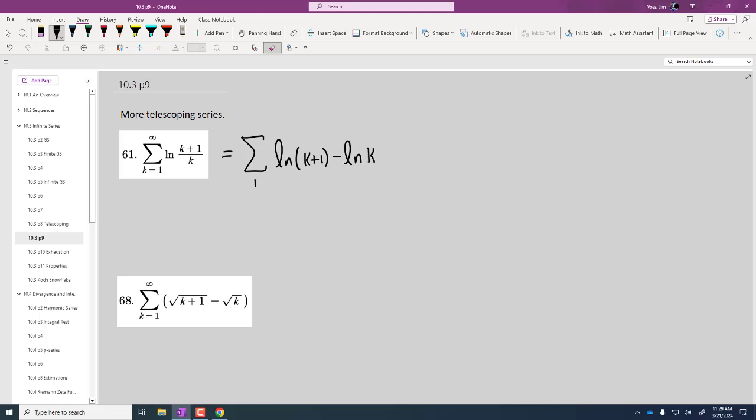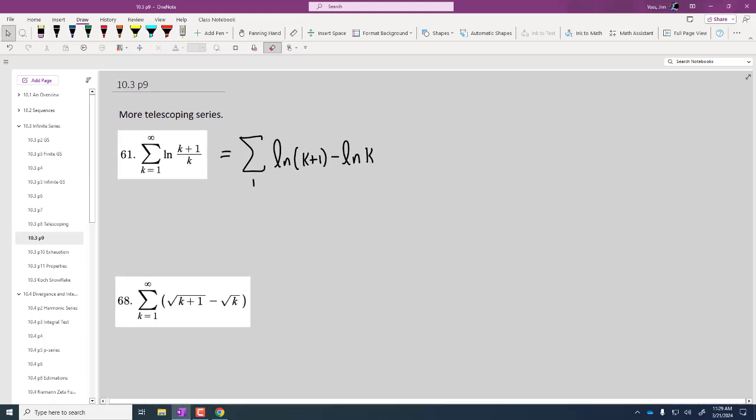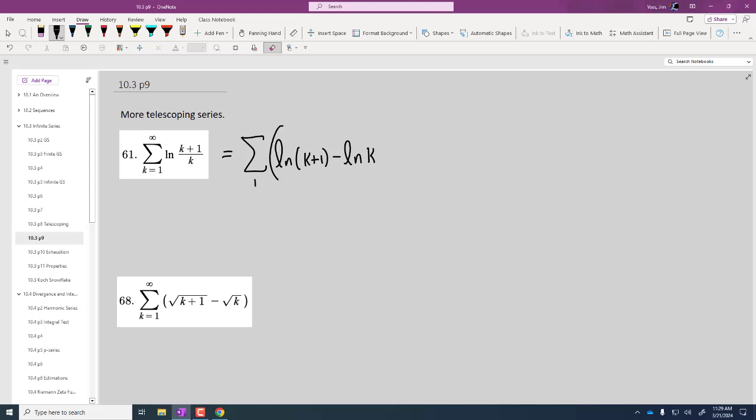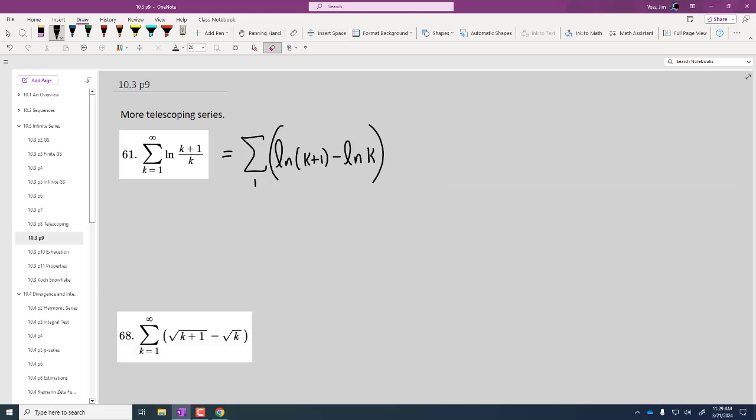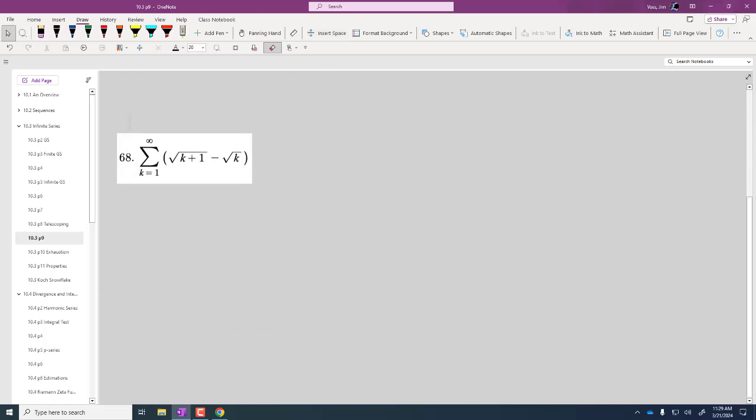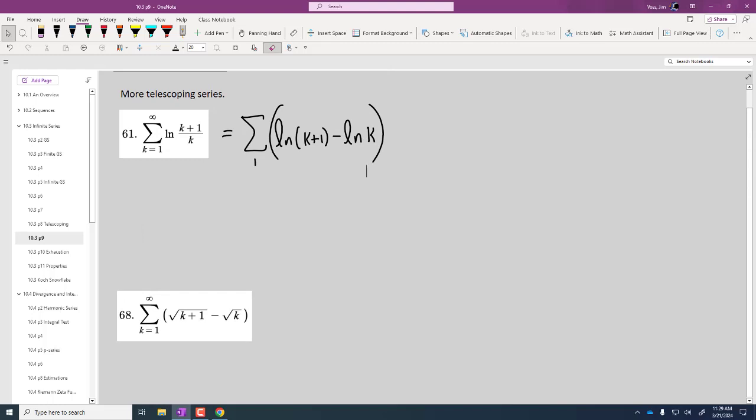So there is your infinite series. It would be nice, but usually we don't do it, to put parentheses around this entire summand. Okay, so see if you can get that one. So write out your S sub n. This one starts at a counter of 1, so that's the easier case. See if you can find your S sub n.